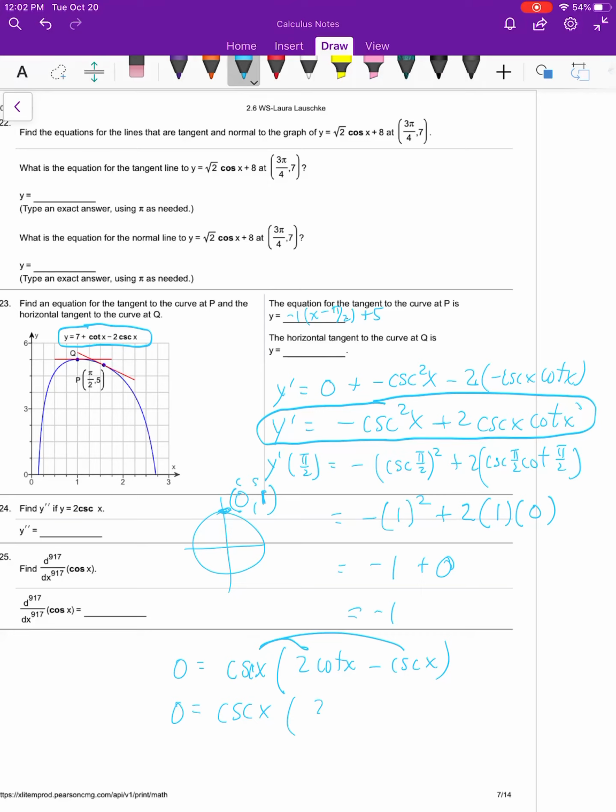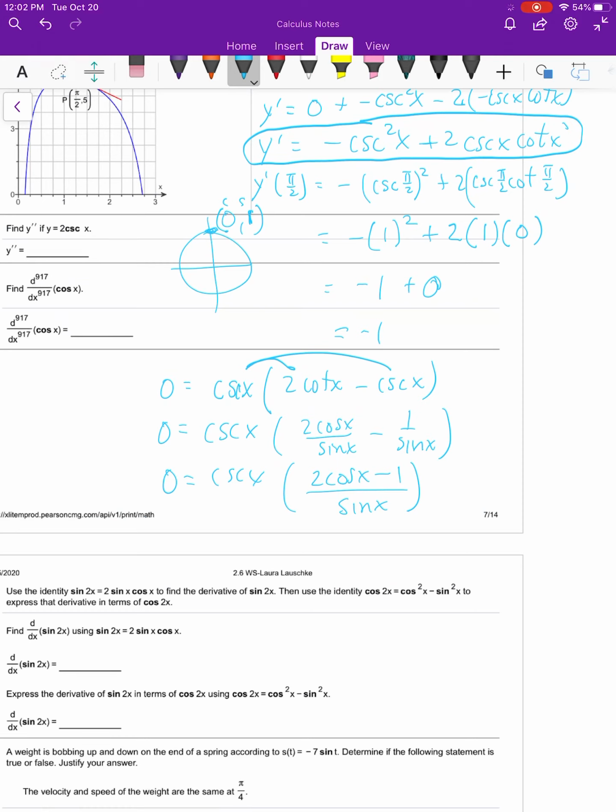And if we did 2 cosine x over sine x minus 1 over sine x here, well, this cosecant on the outside could turn into 1 over sine on the outside too.